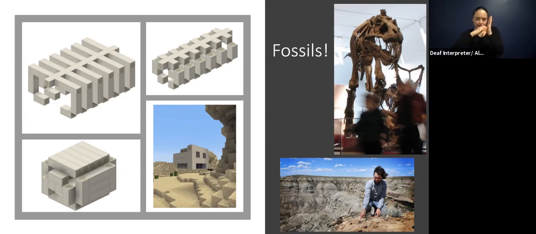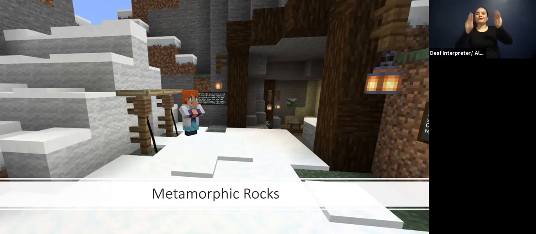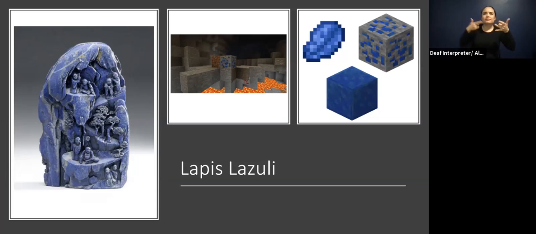So cool. Okay, and let's talk now about metamorphic rocks. There aren't that many examples that we have in Minecraft, but one of the big ones is lapis lazuli. Do you want to talk about this one? Sure. This is such a striking sample. Typically in the collections that we have, it's this bright blue color, but it's a rock, so it's made up of several different minerals.